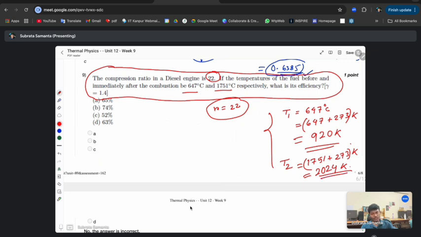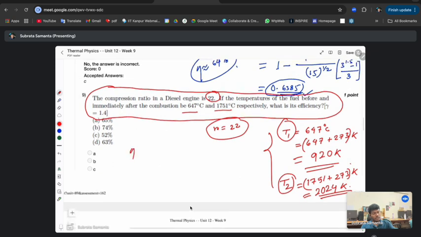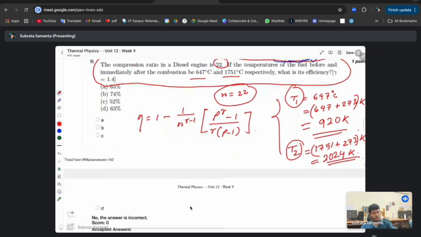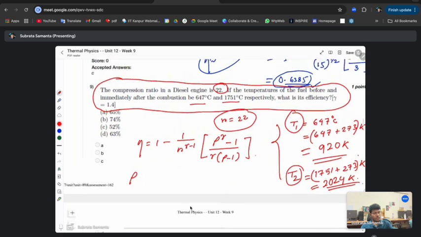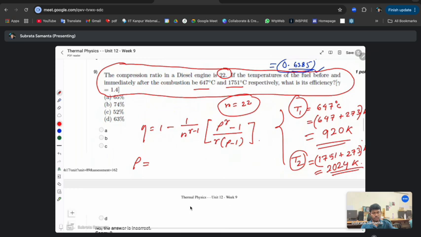Okay. So once you know T1 and T2, you have to calculate, because the eta contains 1 over r to the power gamma minus 1 times rho to the power gamma minus 1 over gamma times rho minus 1. So you first calculate rho. What is the value of rho? This is basically the fuel cutoff ratio. How to calculate rho?